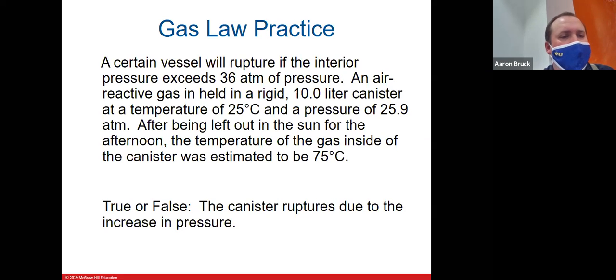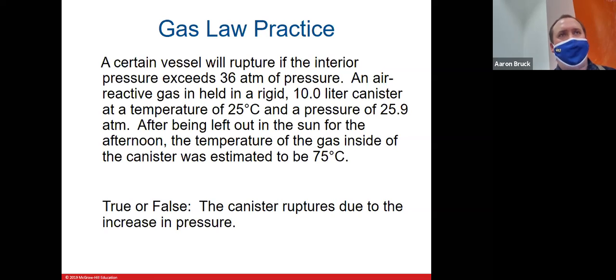We've got a gas in a rigid 10-liter canister at a temperature of 25 Celsius and a pressure of 25.9 atmospheres. After being left outside all afternoon, the temperature of the gas inside the canister is estimated to be about 75 Celsius. The question is this, it's a simple one. Did the canister rupture due to the increase in pressure?